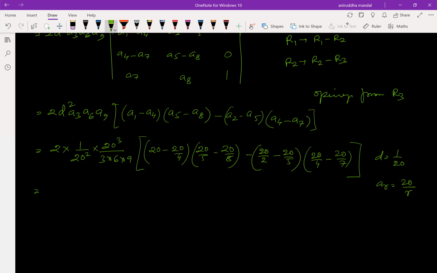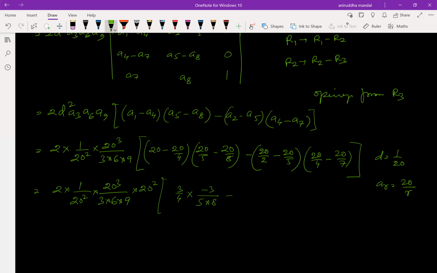Now taking this common, 20 and 20 means 20 square is getting out. So we can write this as 1 minus 1 by 4. So 1 minus 1 by 4 means 3 by 4, into 1 by 5 minus 1 by 8, so we can write this as 5 into 8, minus 3.